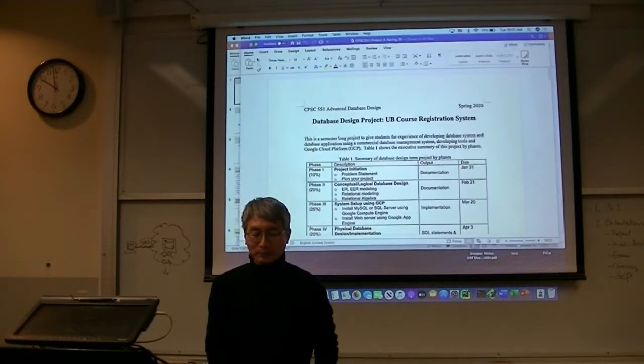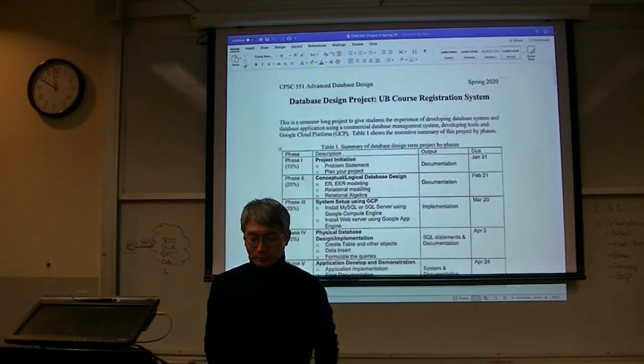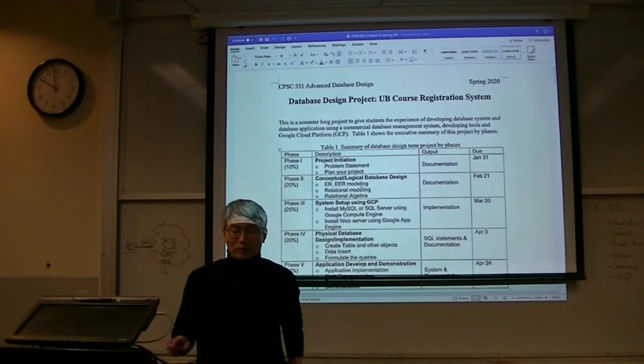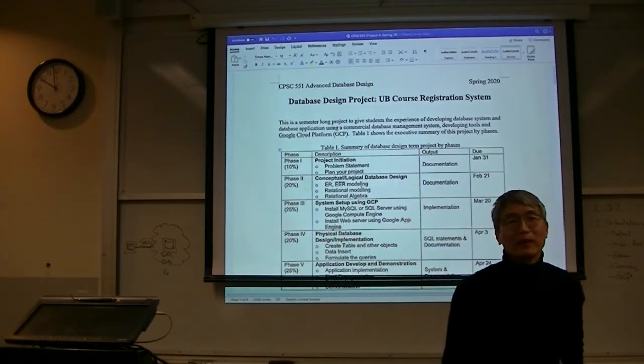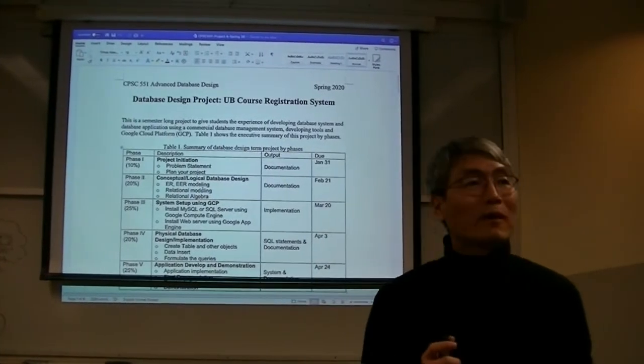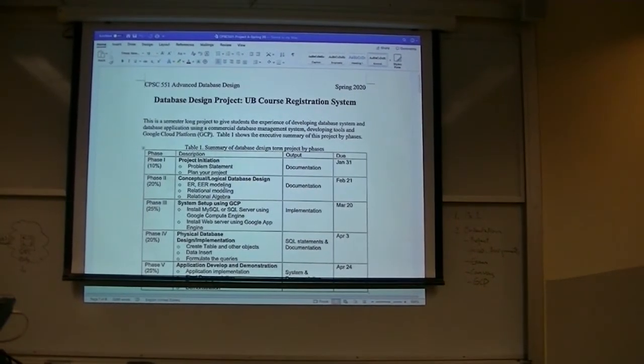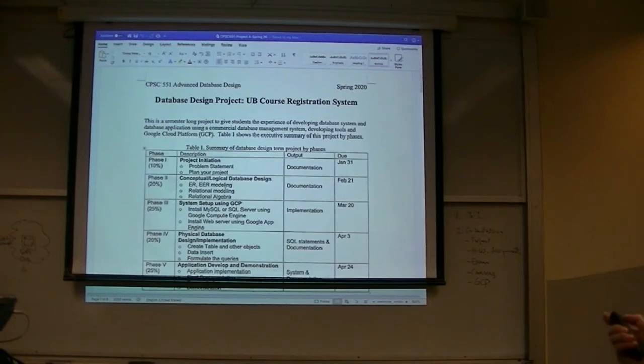And the project. This semester, our topic is the UB course registration system. Because you are familiar with how to register, and I know that many of you still complain that it's not a convenient system.